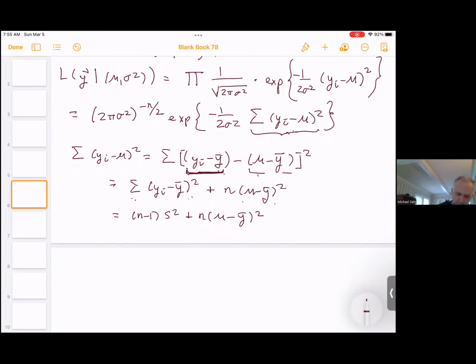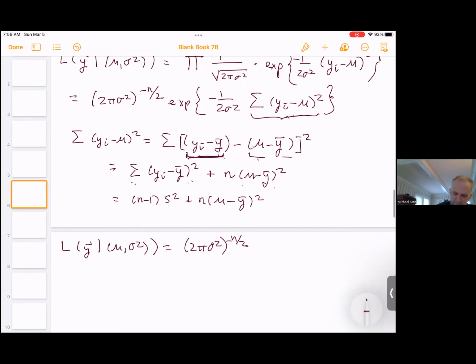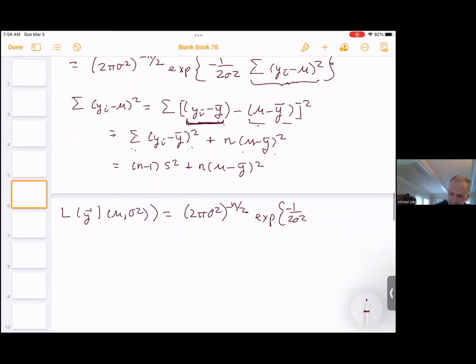So L of little y bar, mu, sigma squared is just equal to 2 pi sigma squared to the minus n over 2. And what's left is everything else. So I just have exp and then this sum.